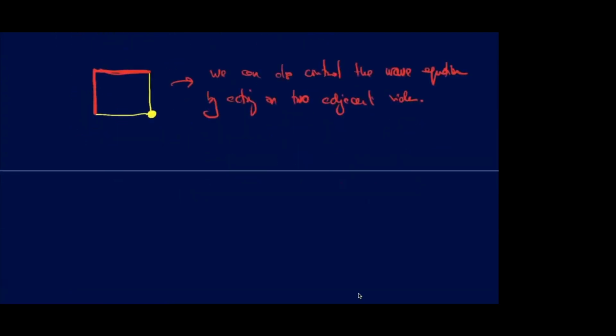So please understand it correctly. I'm not saying that you can control the wave equation controlling here and controlling here, because these are indeed two sides, but these are two non-adjacent sides. They are not connected. They don't have any point, any corner in common.